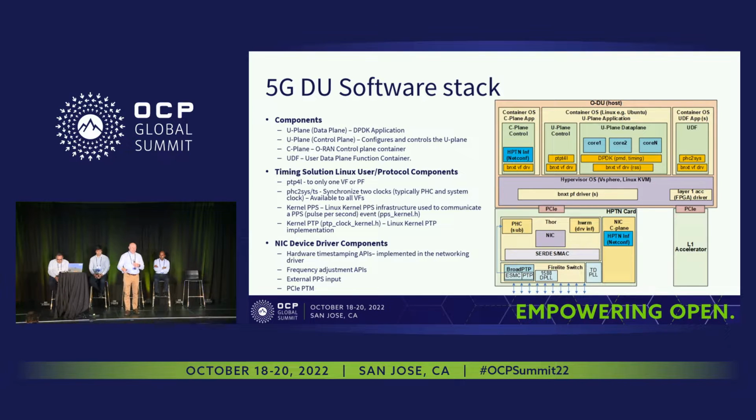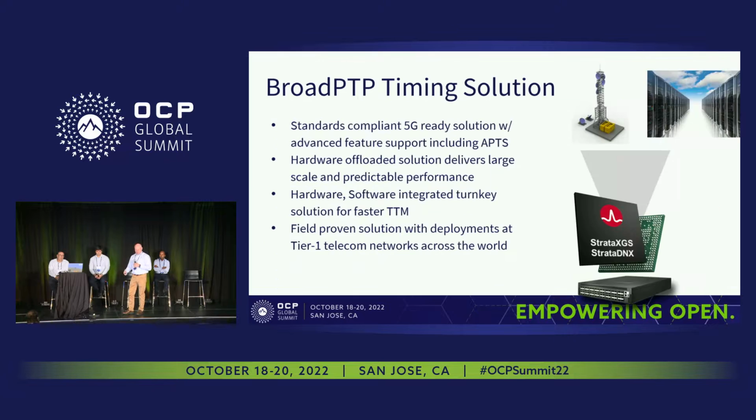That allows the software vendors to integrate into a very common environment, and because the timing requirement for that level of software is much less, it was a much easier integration story than putting a full servo and all the other pieces up on the host. That just gives you an idea of what it looks like. At this point, I'll hand off to Ahmad to talk about the timing stack.